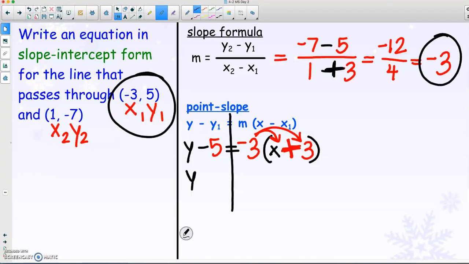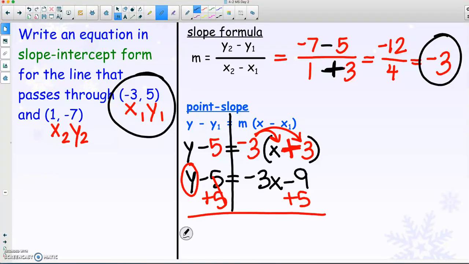So y minus 5 equals negative 3x, and negative 3 times positive 3 is negative 9. And then I can add 5 on both sides. So y equals negative 3x minus 4.